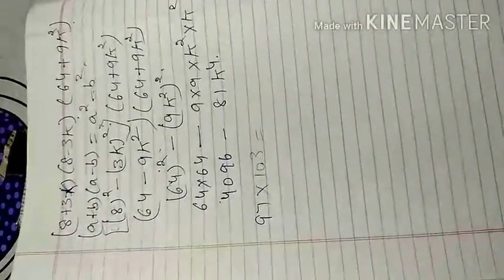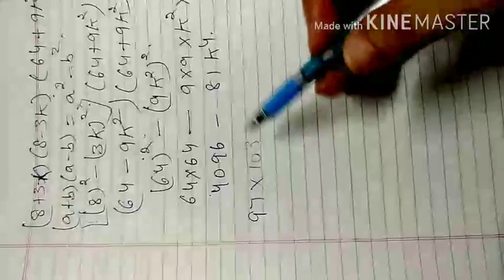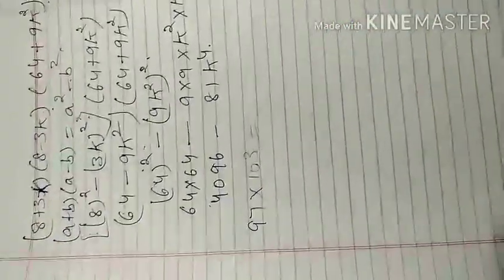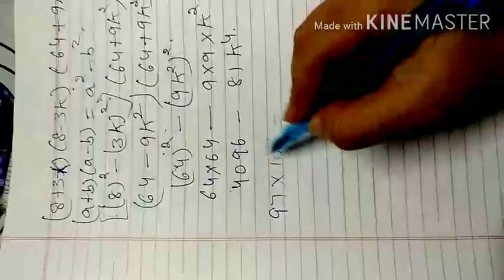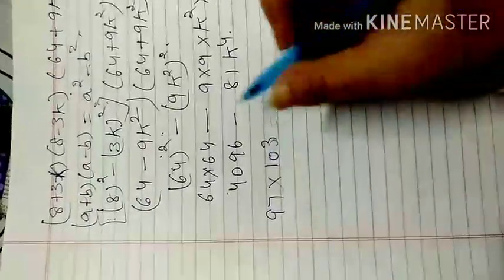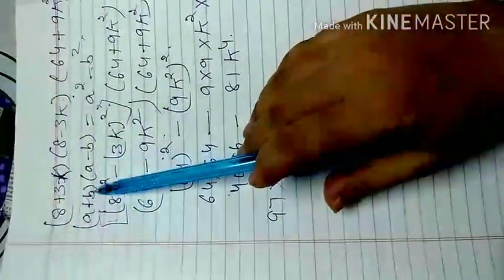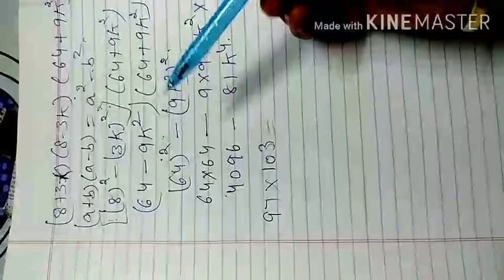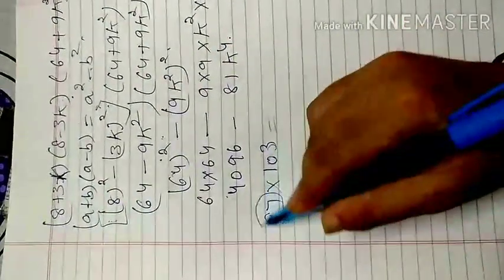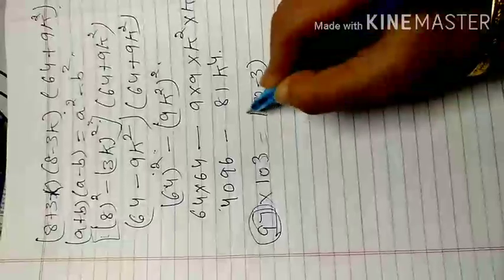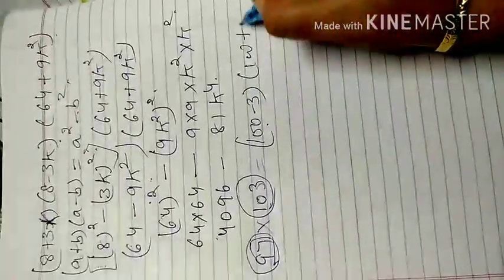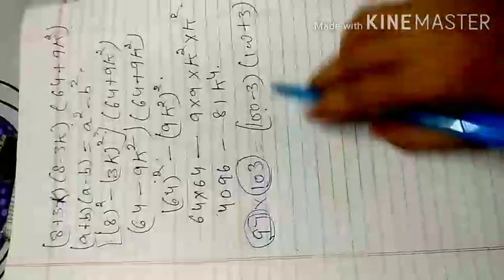If I want to multiply 97 into 103, so instead of a bigger multiplication, I can convert it into this formula when both terms are the same, one is positive, one is negative. So what I will do, instead of 97, I write 100 minus 3 and 103 as 100 plus 3, so the terms will be the same.